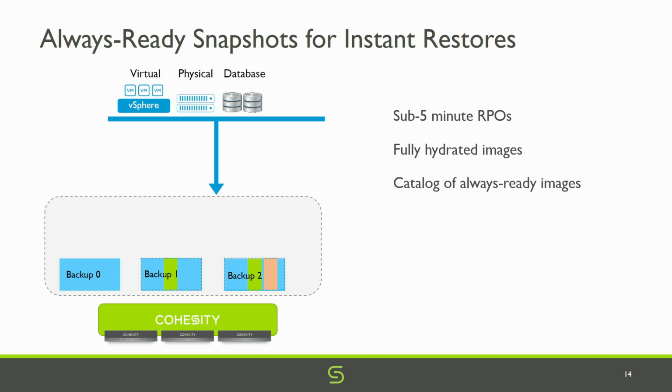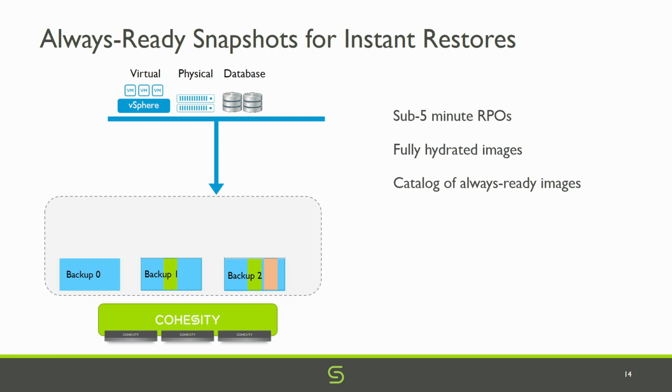Well, it matters because on the one hand, you can do very frequent backups. We can back up as often as every 5 minutes if you want to. And then, in addition to that, we have this full catalog of fully hydrated images all the time. Right? So if you want to go back to any point in time, whether you want to go back to the last image or whether you want to go back to a point in time that was 10 days ago, we give you instant access to all of your copies of the data on Cohesity.